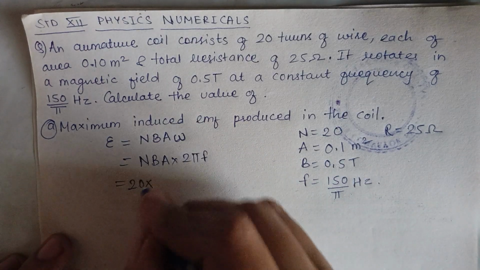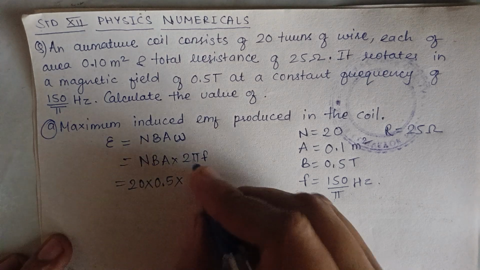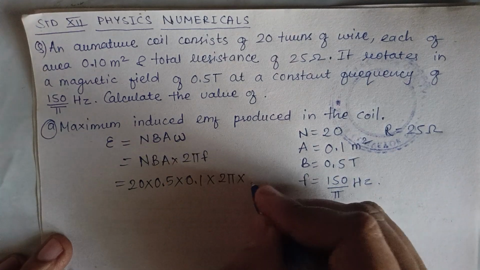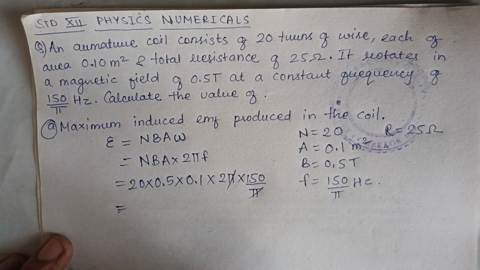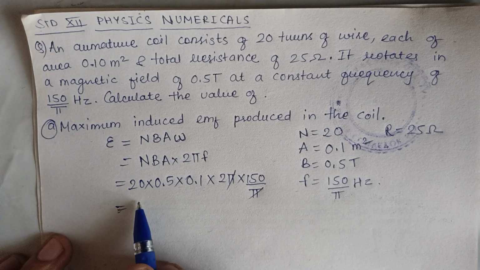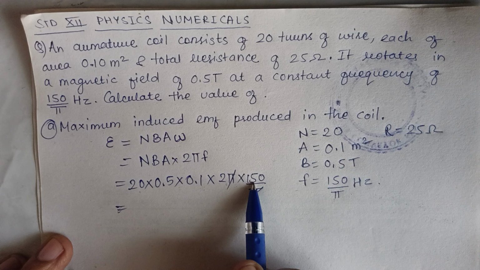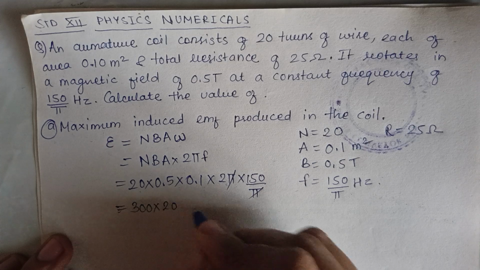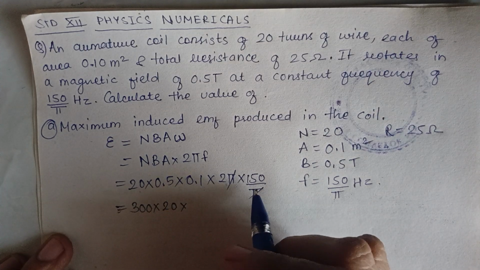So substituting values, N is 20, B is 0.5, A is 0.1, 2 pi into F, which is 150 upon pi. So we get this as 2 into 150, so 300, into 20 into 0.5 into 0.1.